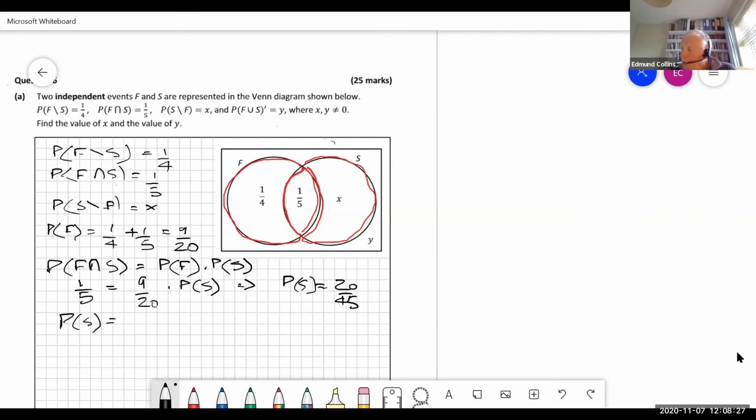S equals X plus a fifth, and that equals, so we've calculated out the probability of S, 20 over 45. So it's a matter now of just calculating what X is.